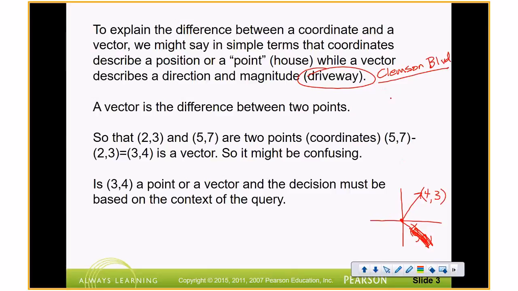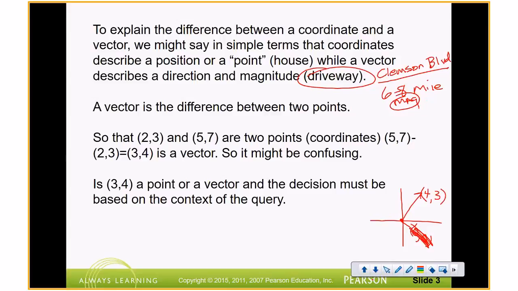And then you're giving them 6 or 8 what? Miles. You're giving them a distance or magnitude. You're not saying, okay, you live in Clemson, just go 6, 5. But what is 6, 5 in relation to a house? It's the address. Your address.